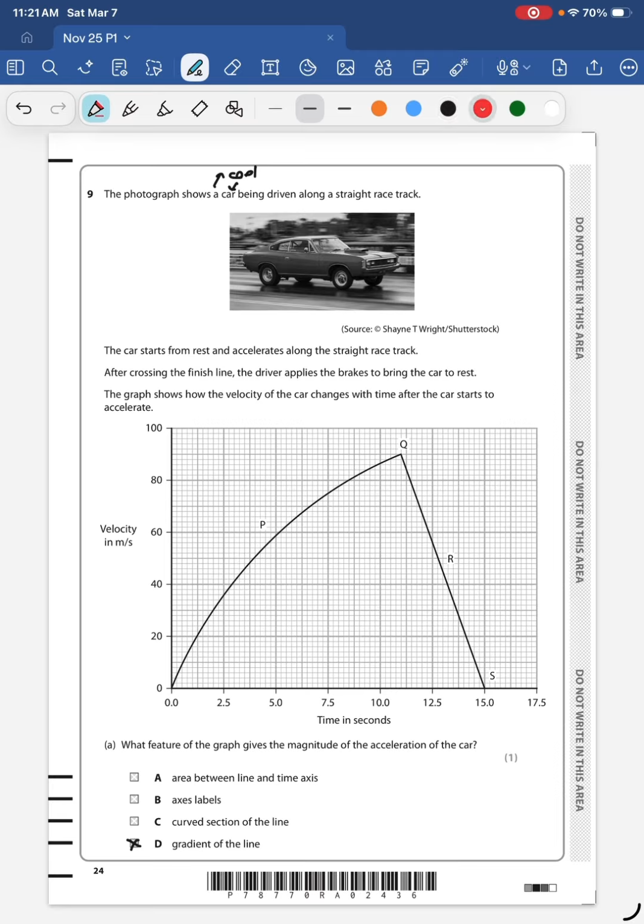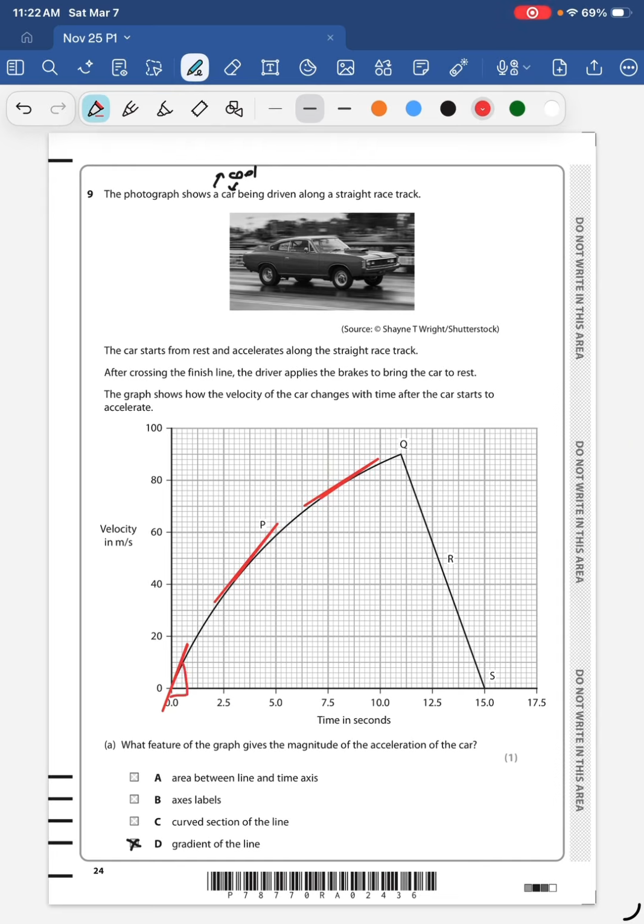So to find the acceleration, you need to find the gradient of the line, and for a curve, the gradient is the tangent to the line. That's the initial acceleration, and this is how it progresses. You see that the tangent becomes less and less steep.